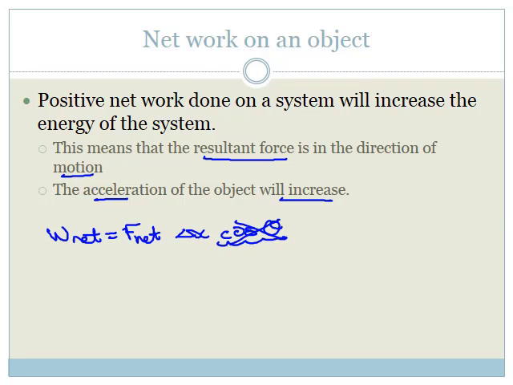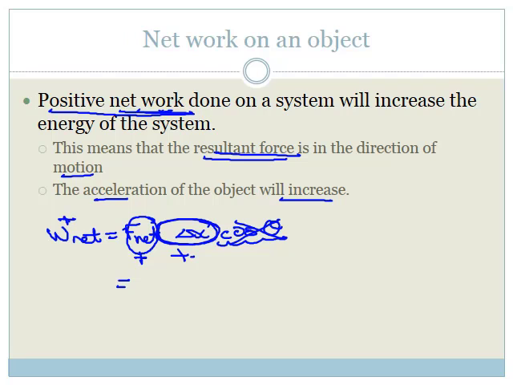So what we're saying is that if we have a positive net work, it means your acceleration is positive, which means that the resultant force is obviously going in the same direction as the displacement, because a plus times a plus makes a plus. So therefore you've got a positive net work done if the resultant force is in the same direction as the displacement, because then you have plus times plus.